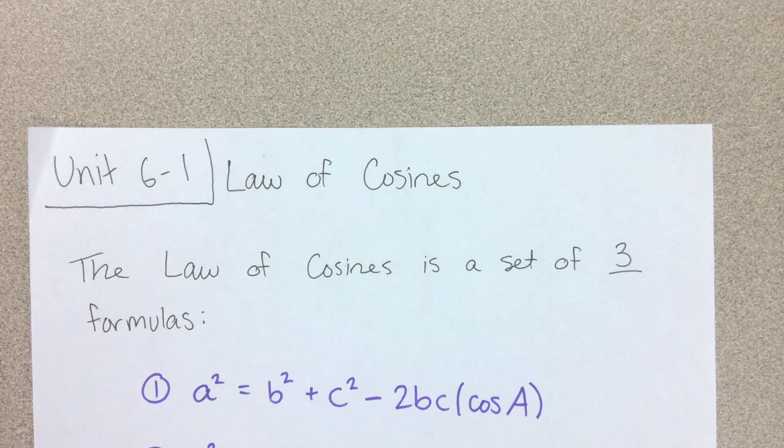First one, a squared equals b squared plus c squared minus 2bc times cosine of A. After you write it down, make sure every symbol, every letter matches what I have up there.